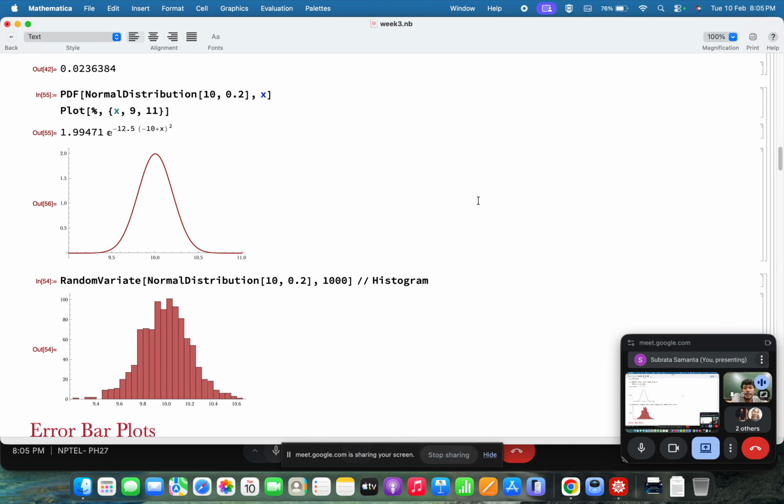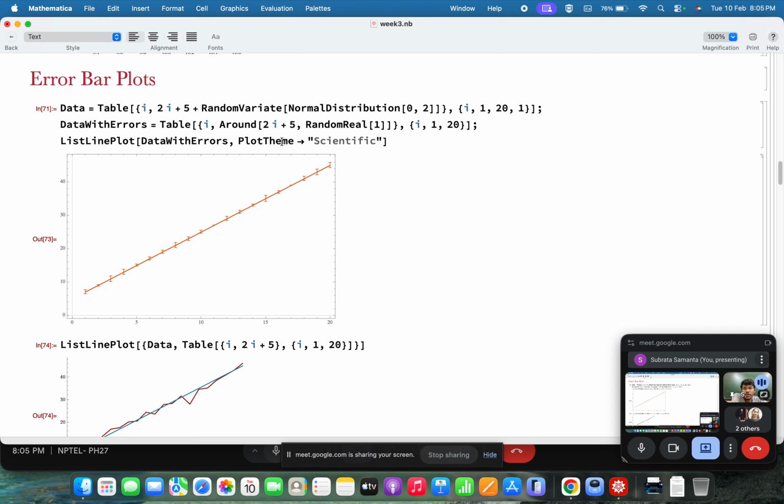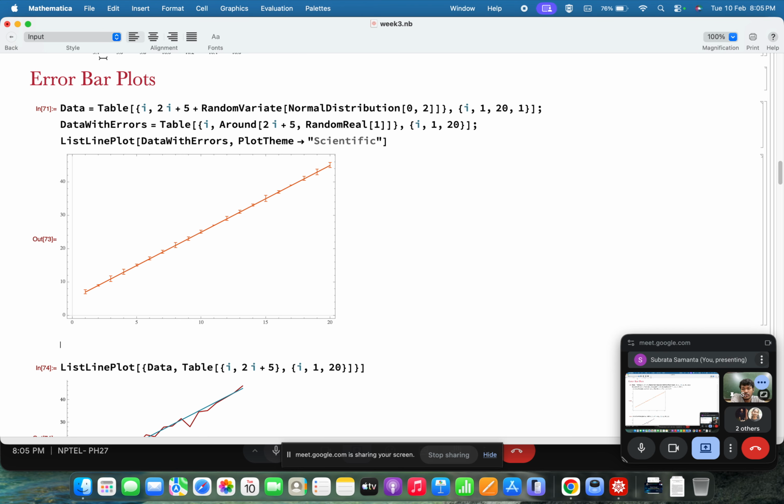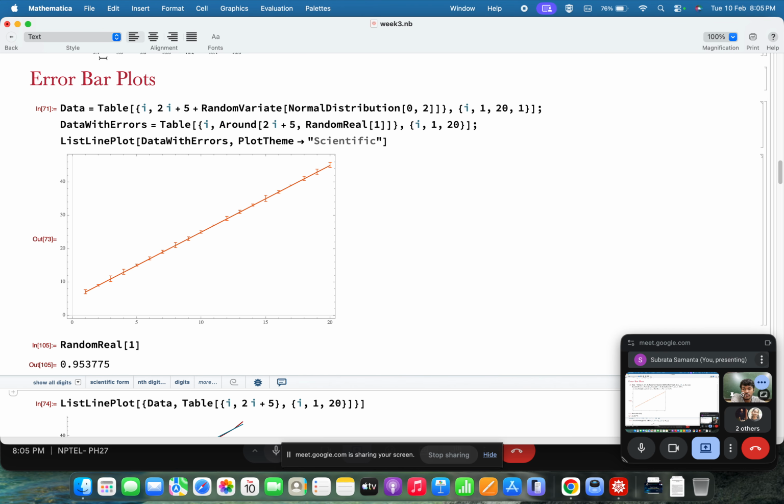Now if you go back to this, when you calculate these around things, you see this is your 2i plus 5, and this is some random real number, 1. What is random real 1? You just put this here, some random number.